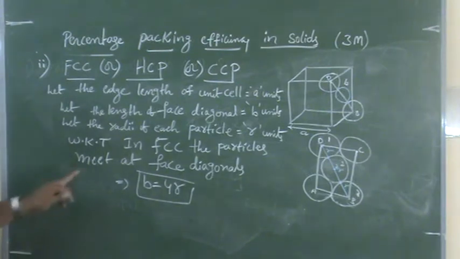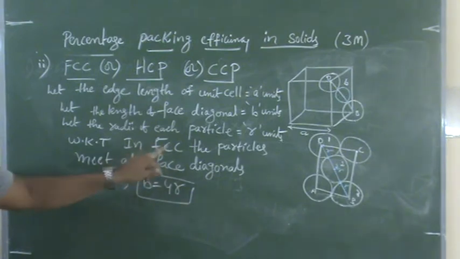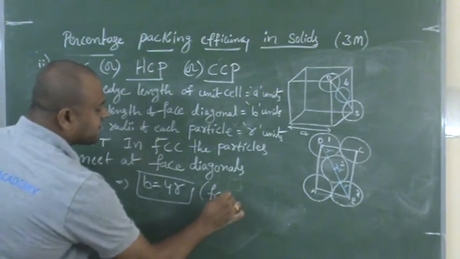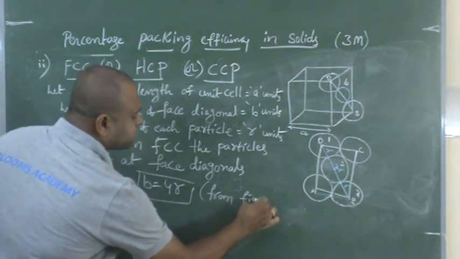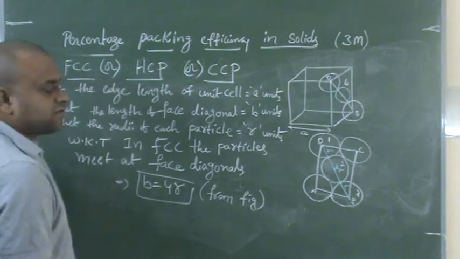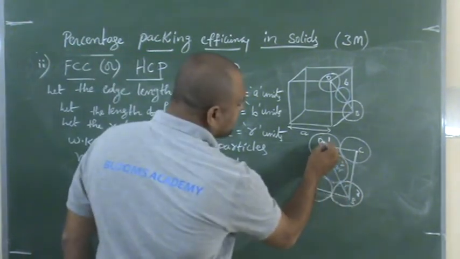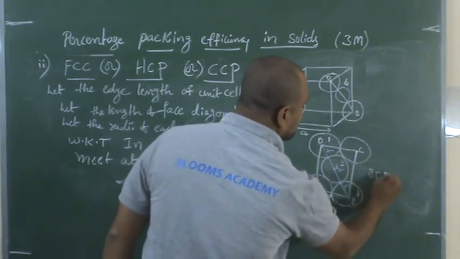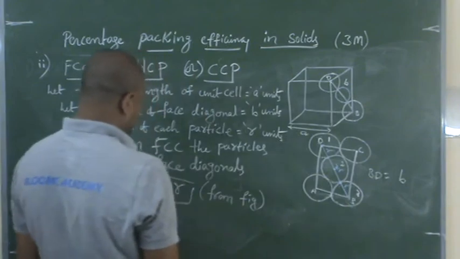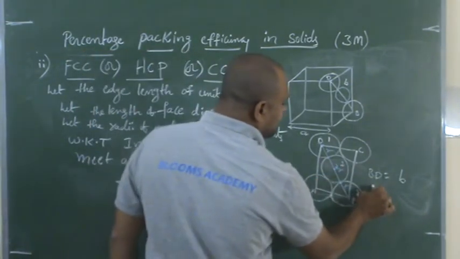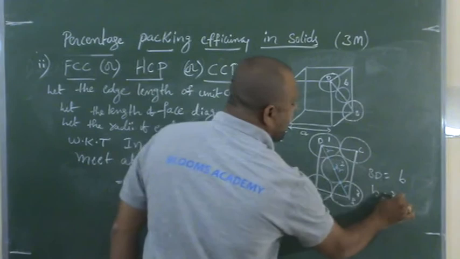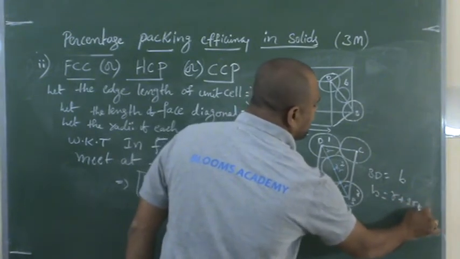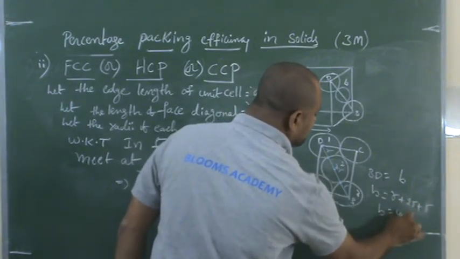b is equal to 4r. From the diagram we know that in FCC the particles meet at face diagonals. Therefore from the figure b is equal to 4r. Will you agree? Why? Because this BD is equal to b, BD I took. That implies b is equal to r plus 2r plus r, b is equal to 4r.